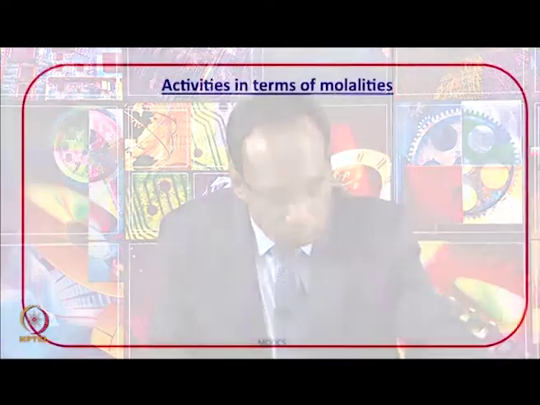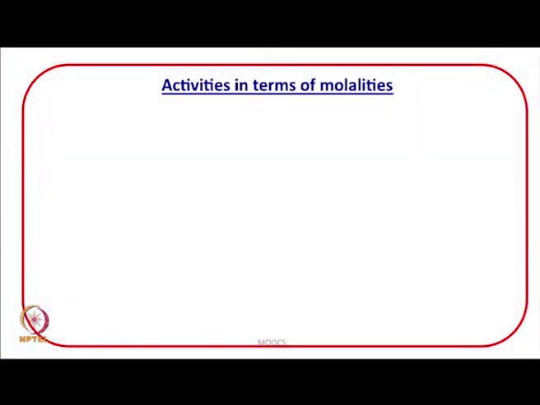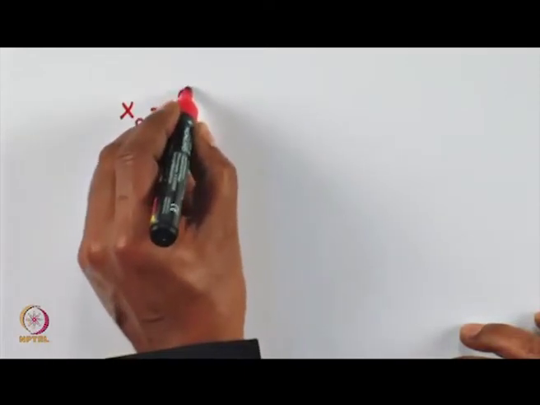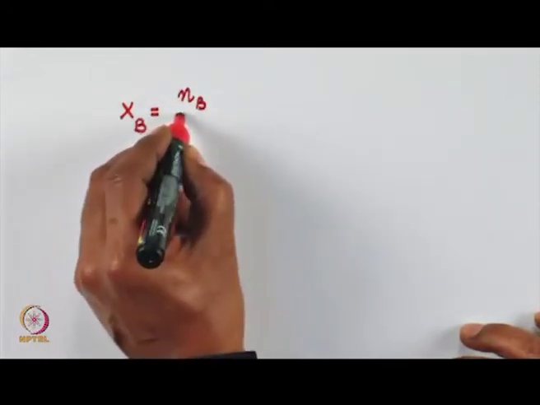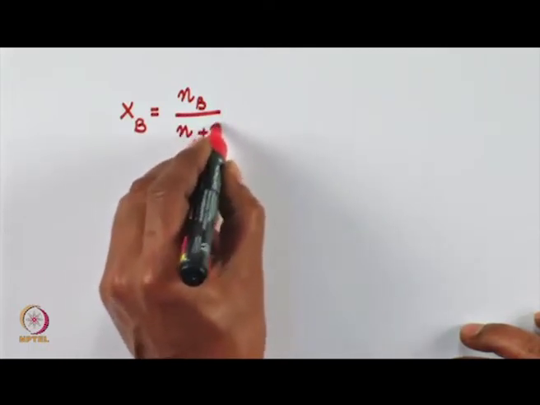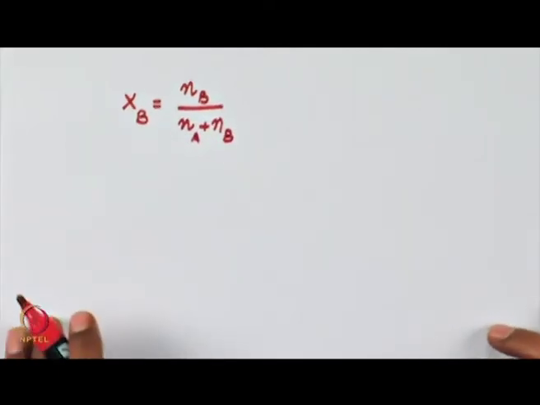Okay. Now, can the activities be written in terms of molalities? Definitely. How do we do that? The mole fraction of component B is equal to the number of moles of B over the number of moles of A plus the number of moles of B in a binary mixture.